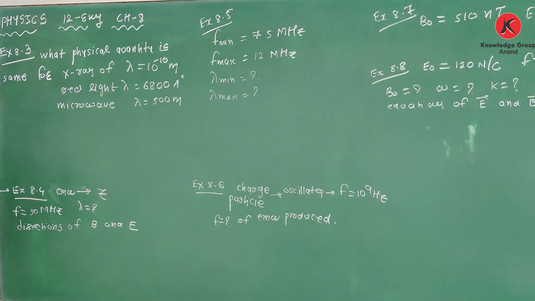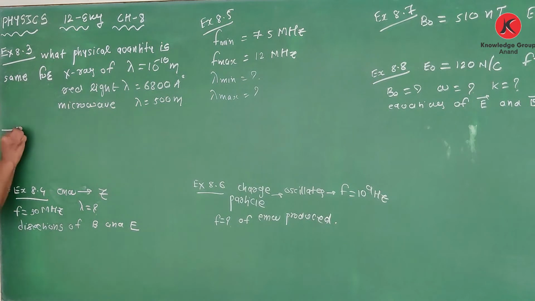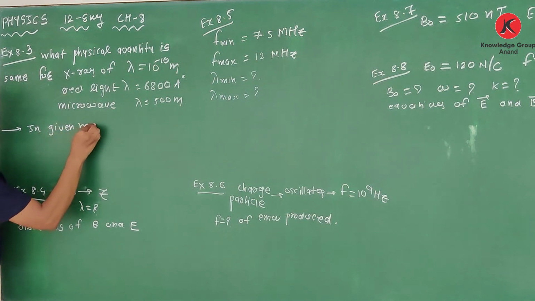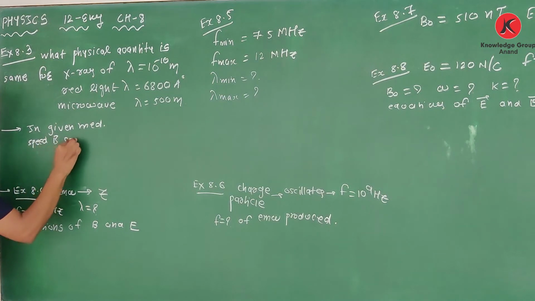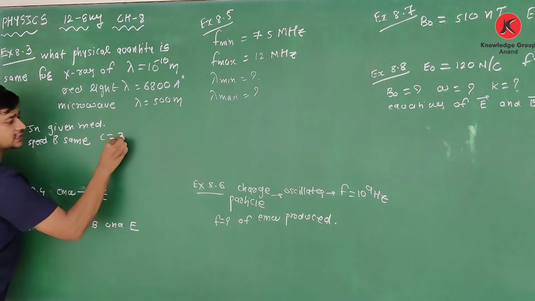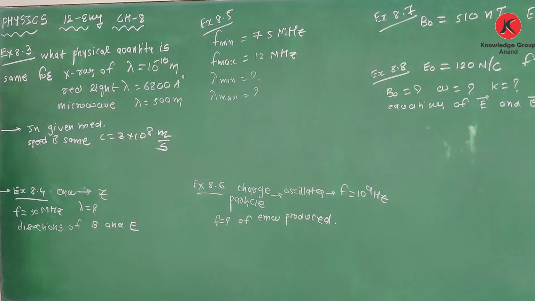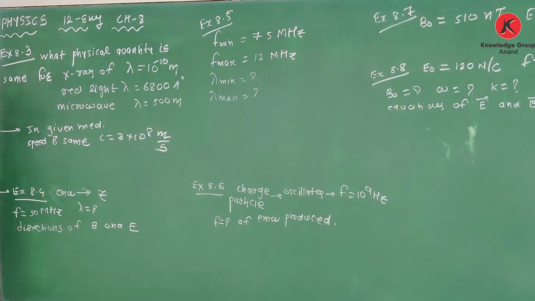Which physical quantity is the same? In a given medium, that is the speed, c equal to 3 into 10 raised to 8 meter per second. For each and every electromagnetic wave, the speed is 3 into 10 raised to 8 meter per second. Clear about this?